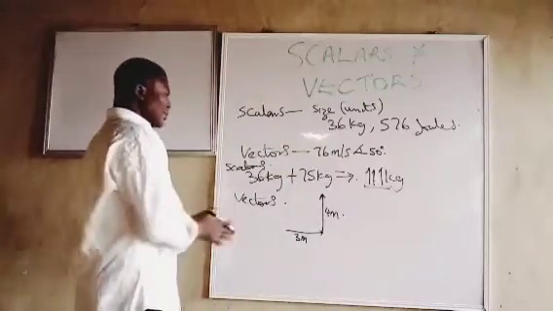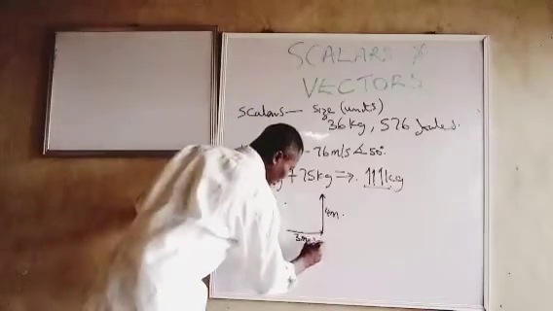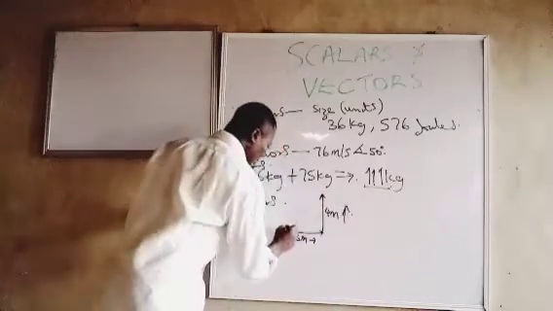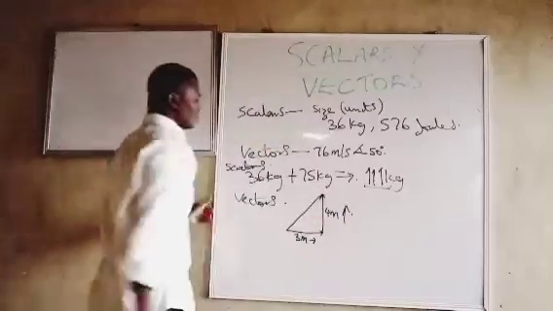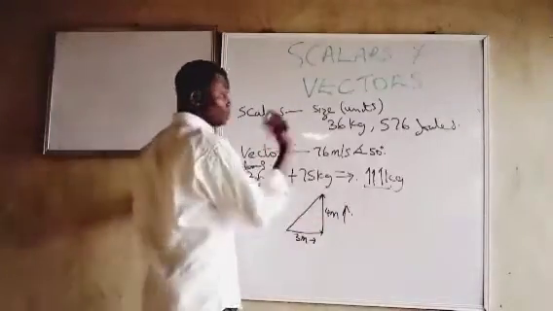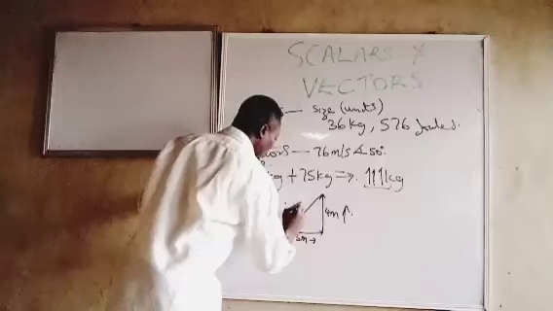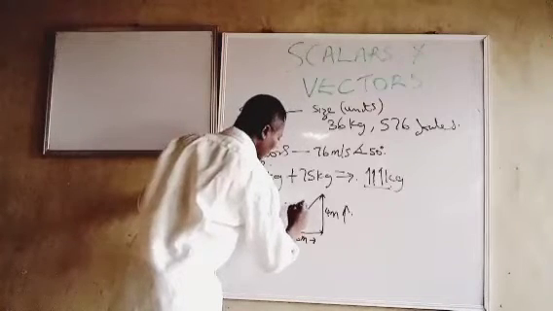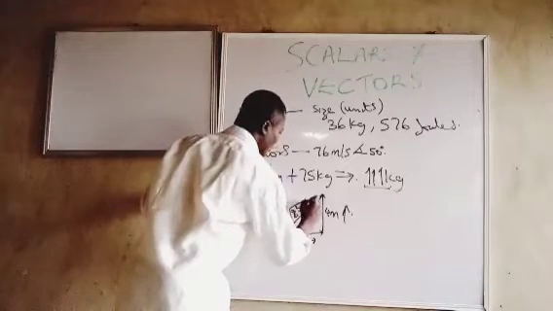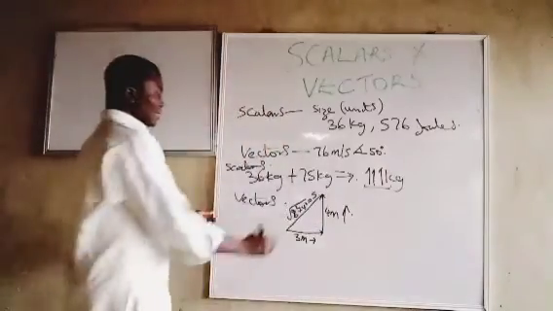The total displacement will be this, using Pythagoras theorem. That will be the square root of 3 squared plus 4 squared, and that is 5. So that is 5 meters.